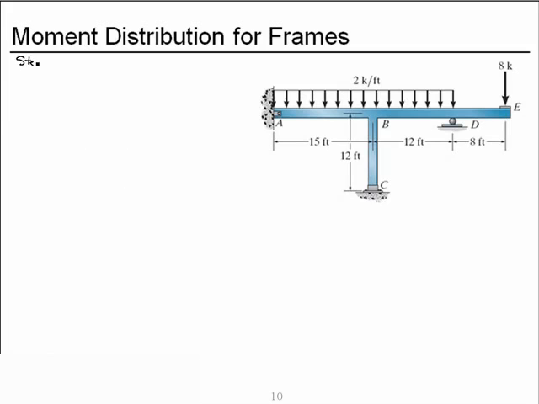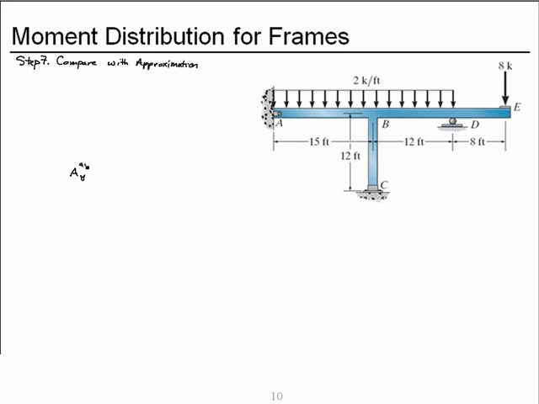Now for step 7, where we will compare our vertical reactions, or our support reactions, with our approximations.